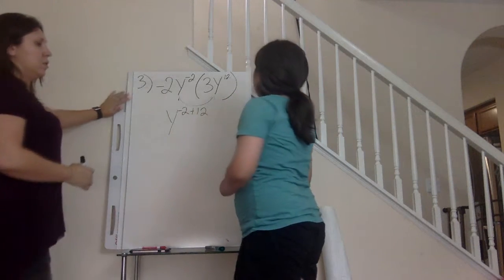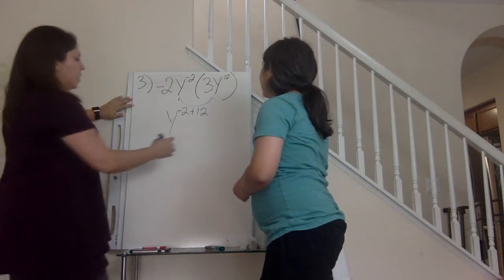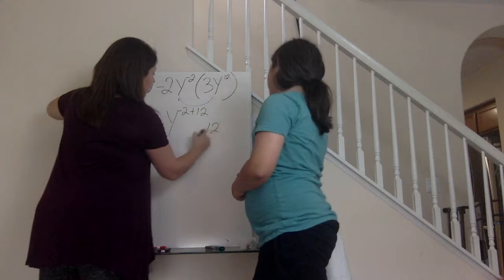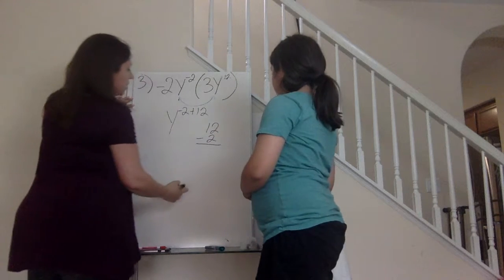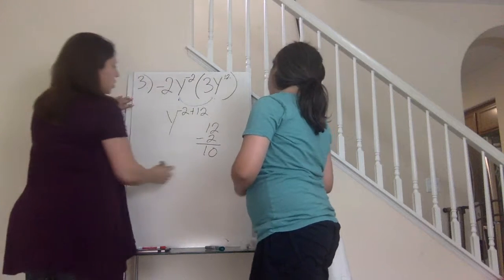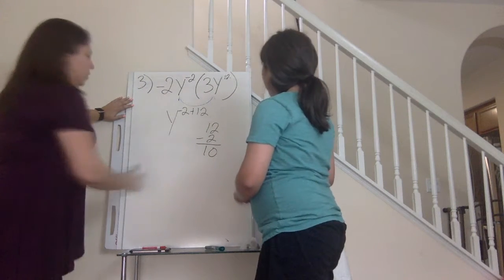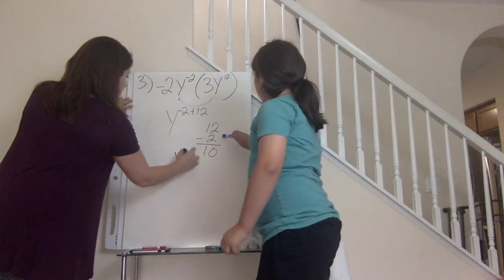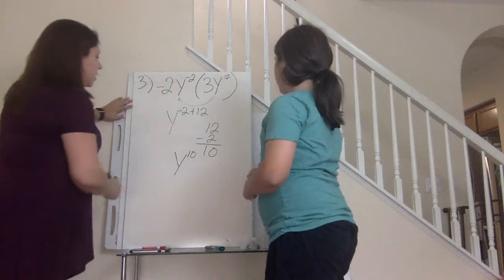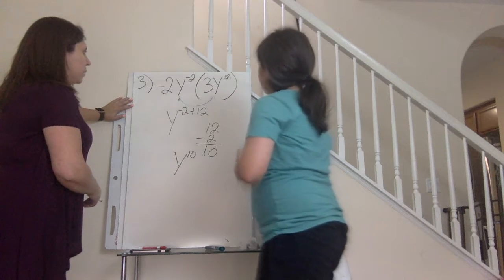Since they're both negative and positive, you subtract. So minus 2, I get what? 10. And is it going to be positive or negative? Positive, because the 12 beats the 2. Alright. Is that it for my y?